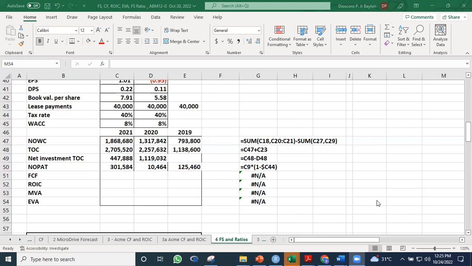So kindly chat, please, if you were able to get the NOPAT. Dito yung formula, ha? Okay, good.